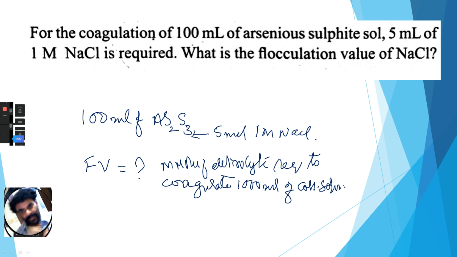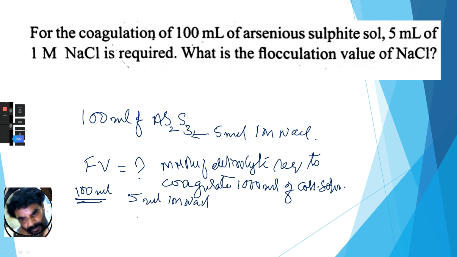Here, we have taken only 100 ml, not the 1 liter. And how much sodium chloride is required? 5 ml of 1 molar NaCl is required. How many millimoles? Only 5 millimoles of sodium chloride is required to coagulate it.